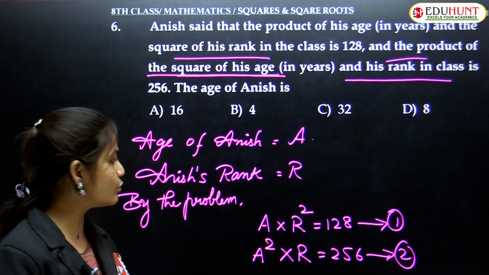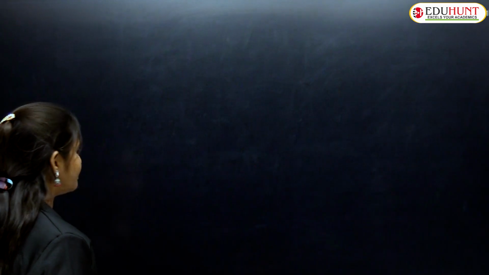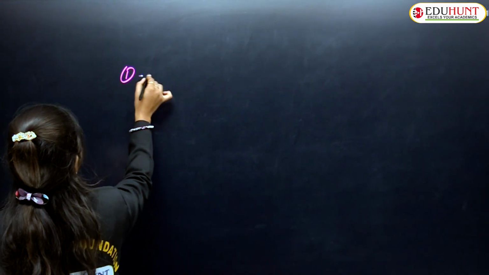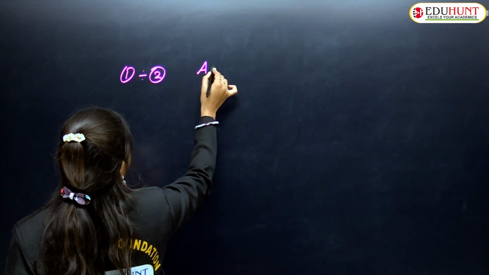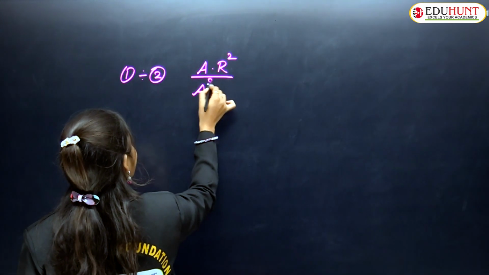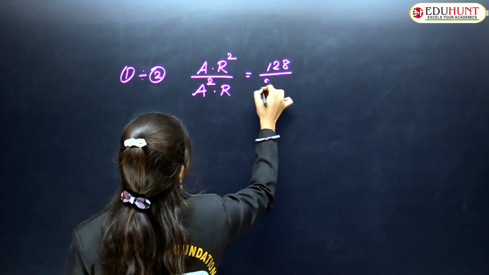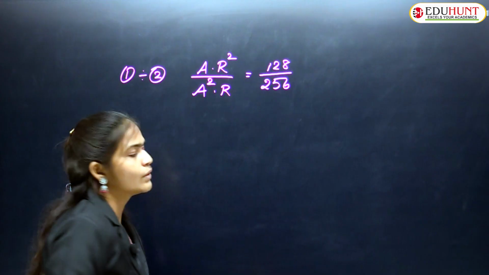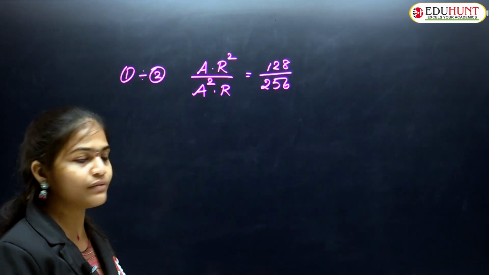Now let us simplify these two equations. Just take 1 divided by 2. A into R square and A square into R, which is equal to 128 by 256. We are taking the division of those two equations.